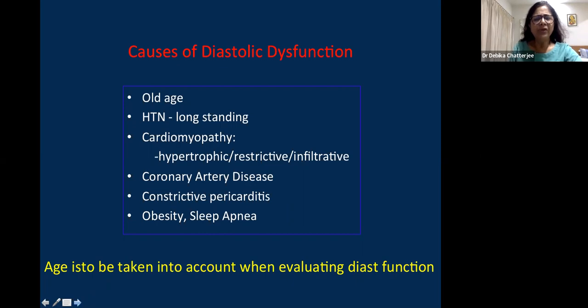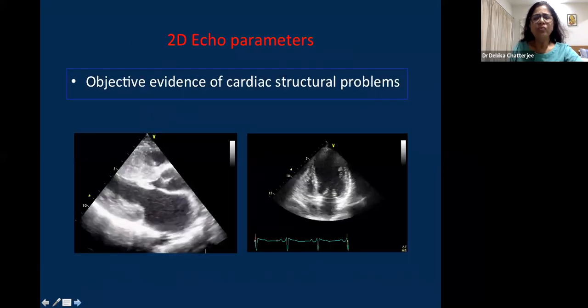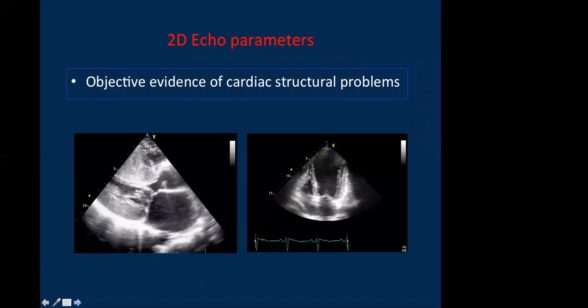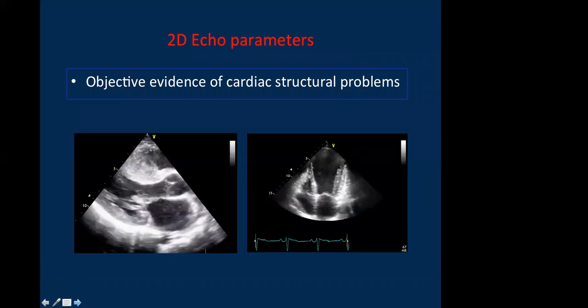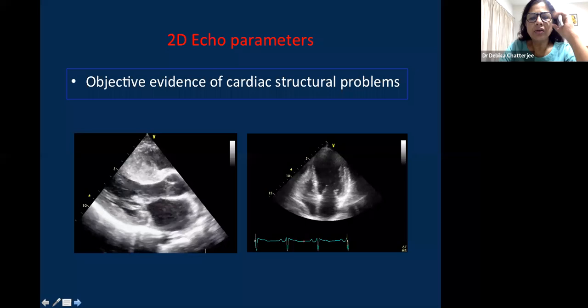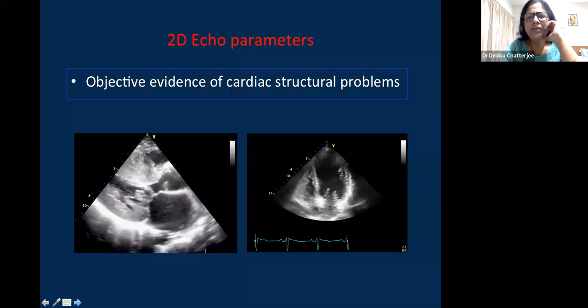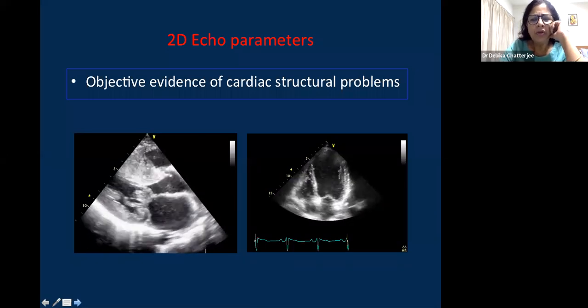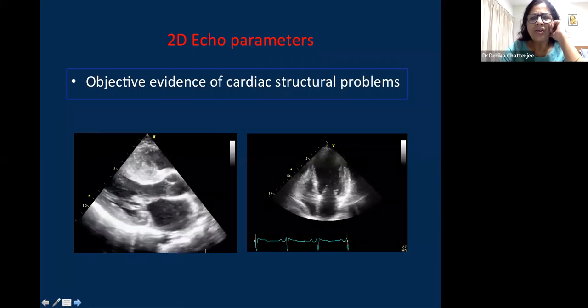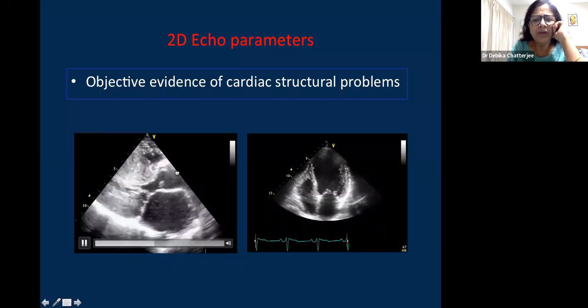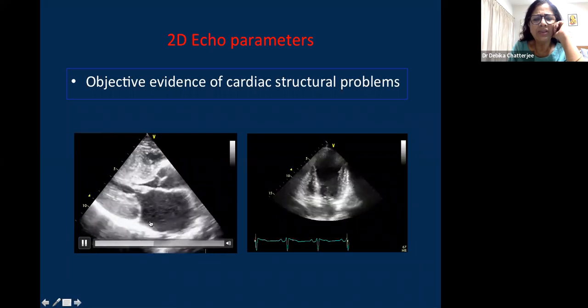Now, we always start with two-dimensional echocardiography while assessing the patient for diastolic dysfunction. What is the information we get from the 2D echo? It is the objective evidence of structural cardiac problem. Suppose you do the echo, and in the parasternal long axis you see this.